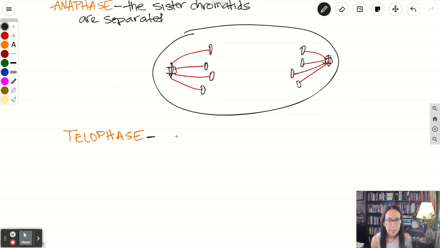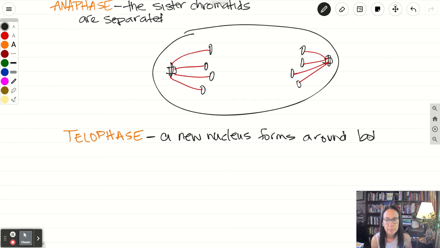So in telophase, a new nucleus forms around both sets of chromosomes. Okay, and this is what it looks like.